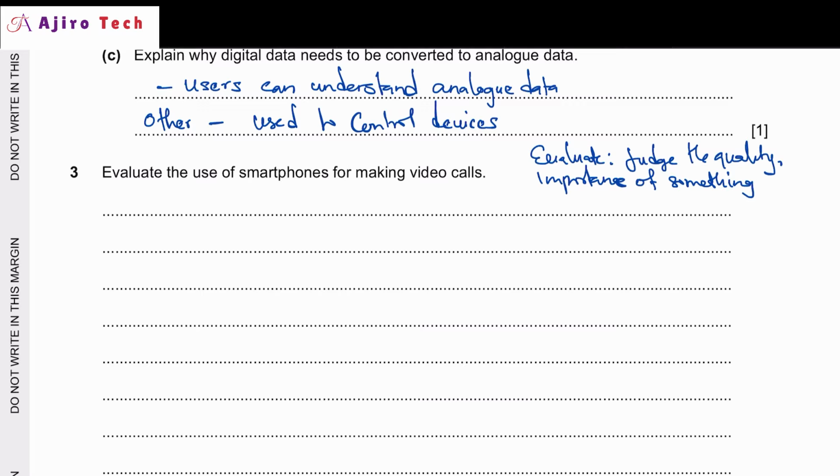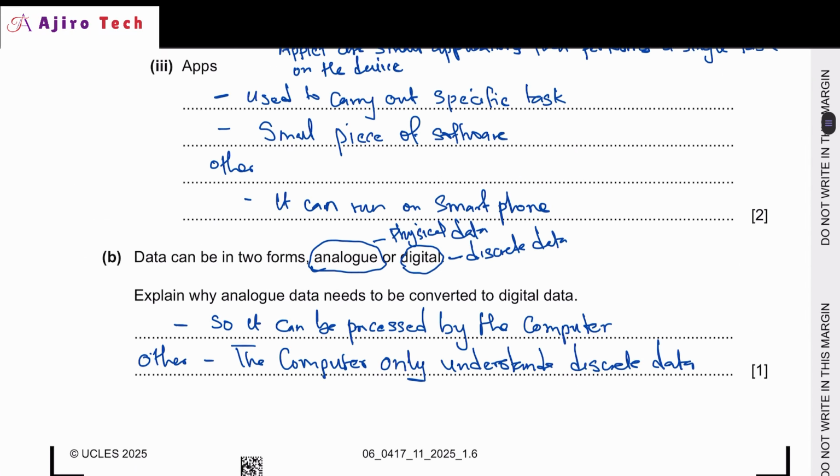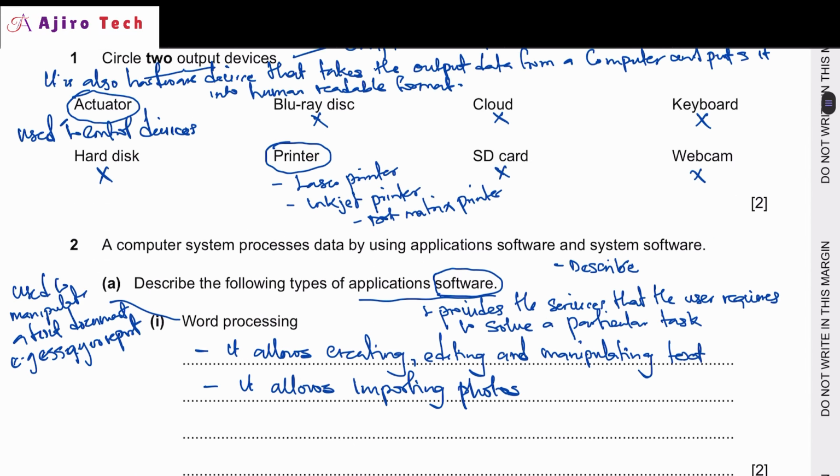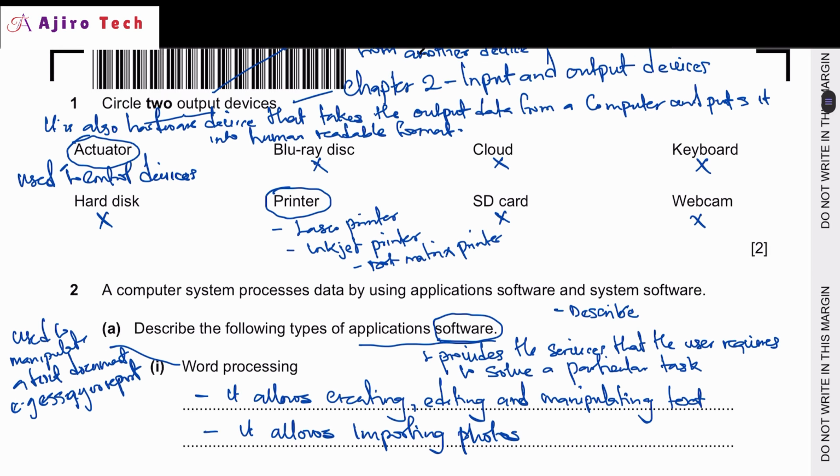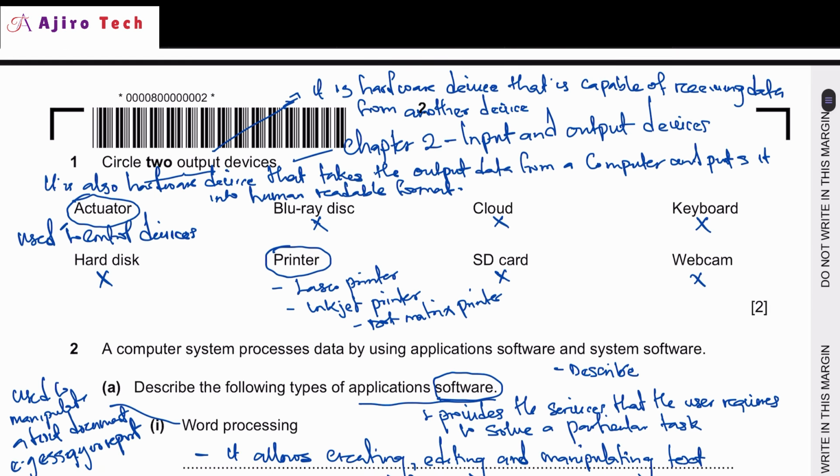Now they said, sorry, I didn't put the chapter for this. Oh my goodness, this is chapter 1, types and components of computer systems. I always put my reference.